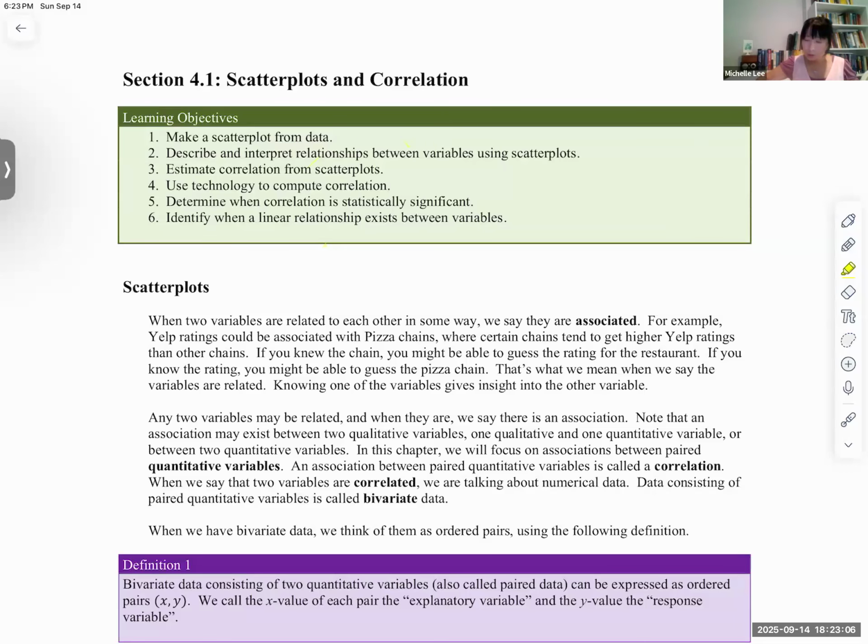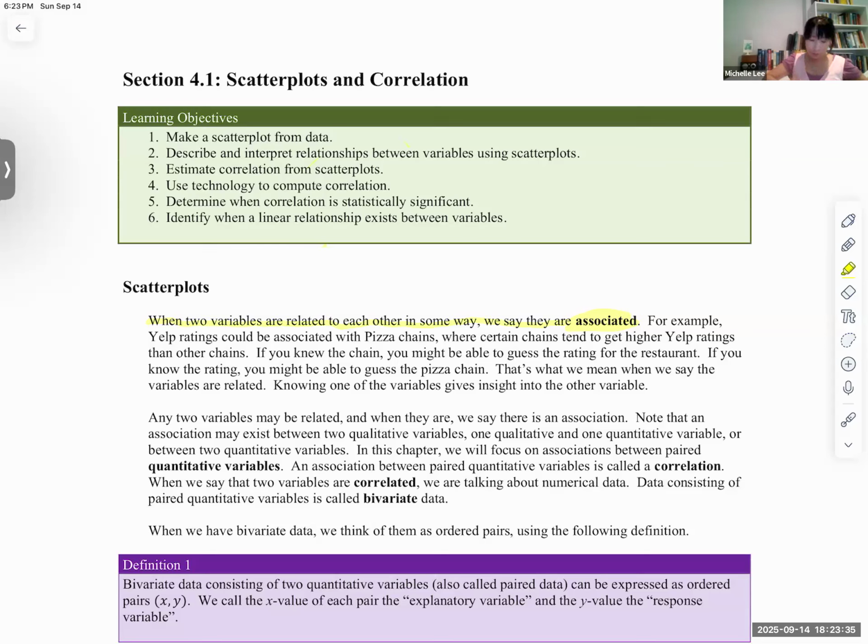All right, so let's talk about terminology here. When two variables are related to each other in some way, we say they are associated. Previously, in the observational study, we talked about association rather than causation, right?